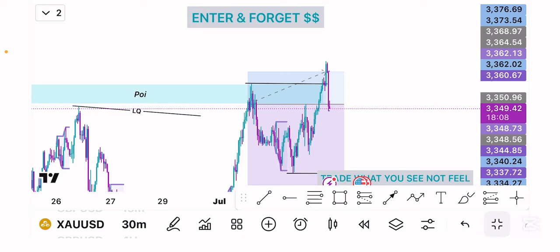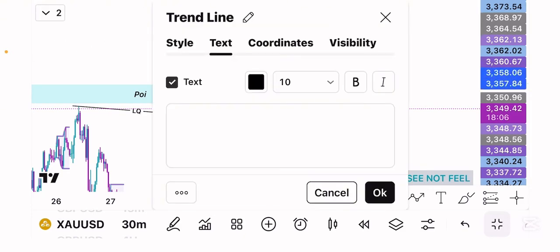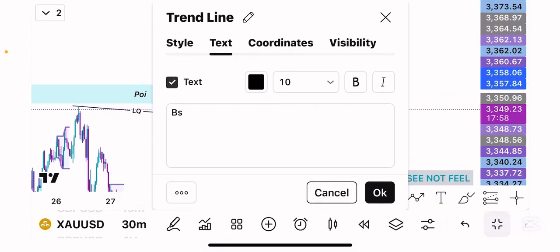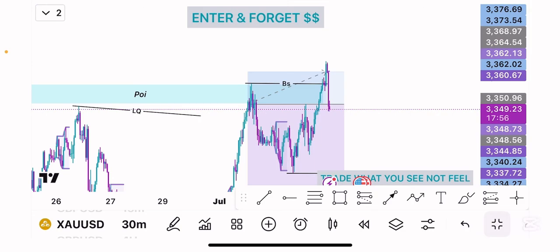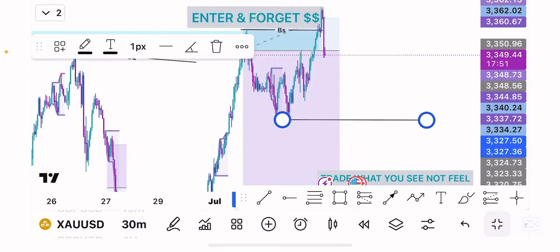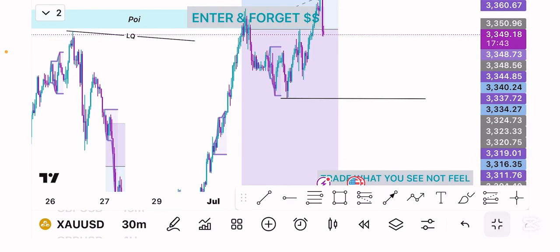So as you can see, that's my break of structure. So if price ends up continuing selling down and giving me a market structure shift, I might buy. I might start selling. Let's just see what's going to happen.